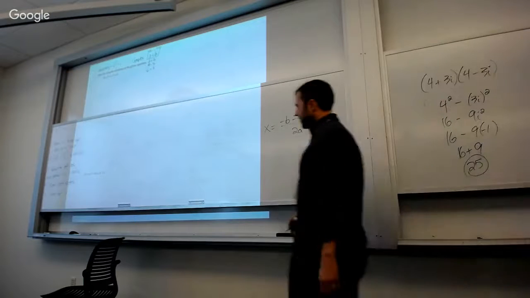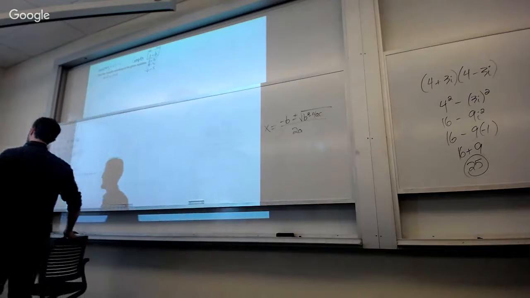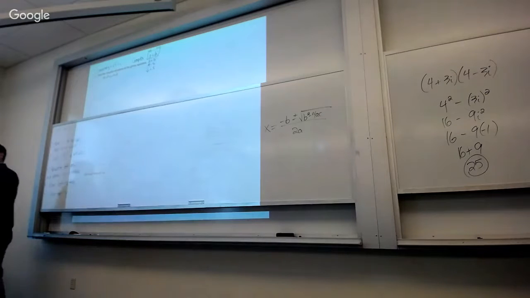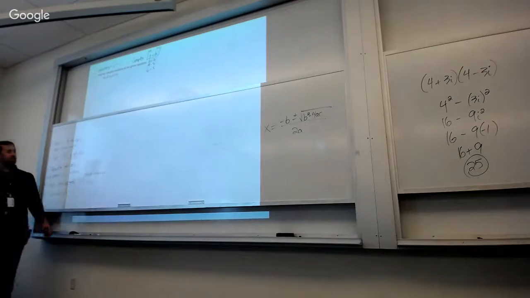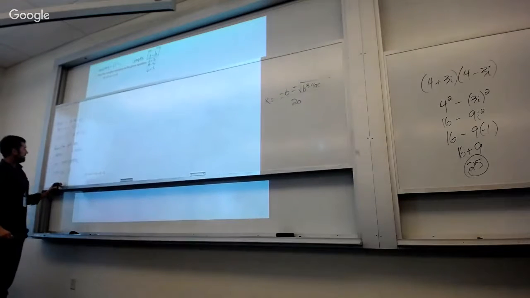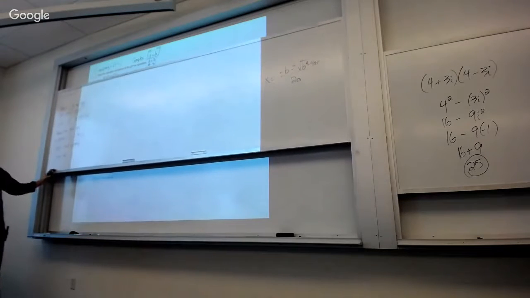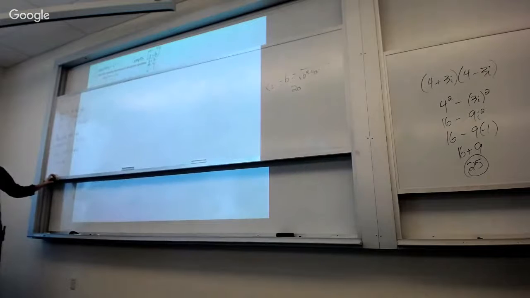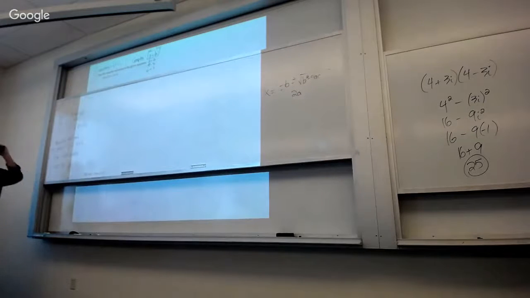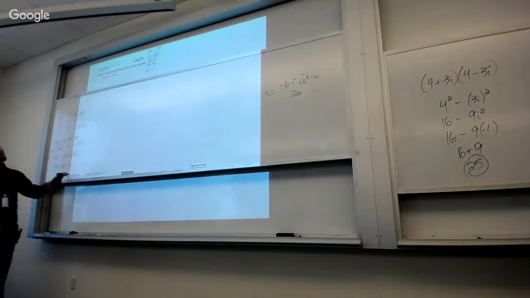So right about now, we can distinguish between our use of the word real and imaginary. When we use the word real, we're talking about a number that you find on the number line. When we say imaginary, we're talking about 5i, 6i, -3i, some number with an i on it.